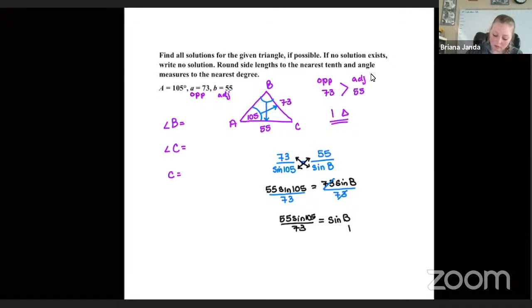I'm still trying to solve for this variable, which means I need to not have sine next to it, right? Well, it's been a while since we've done this, but to do the inverse of a trig function, what I would be doing is taking both sides and doing the inverse sine. And these will cross off and I will be left with angle B.